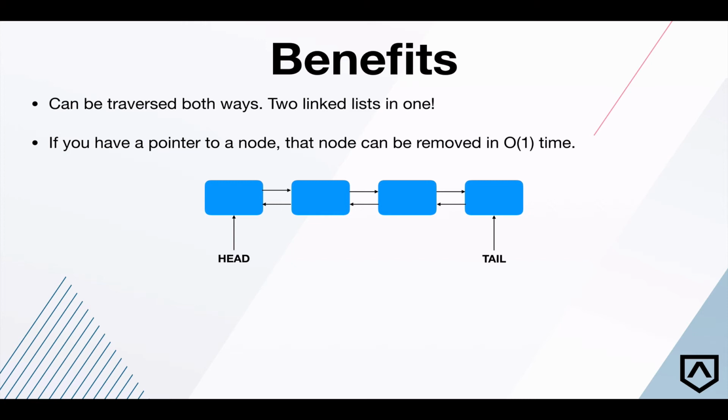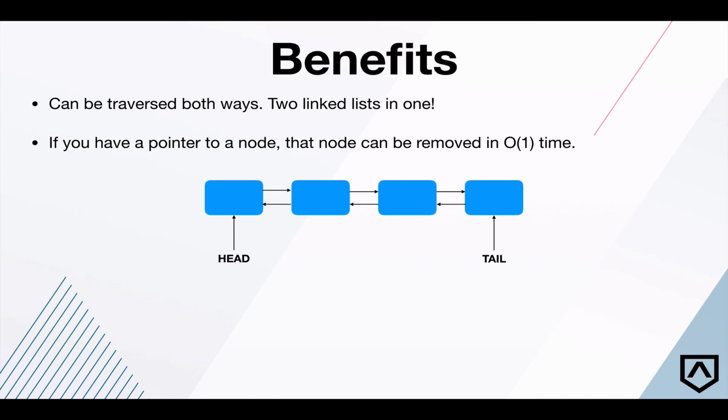And once we have pointers to the previous and next nodes, cutting that victim node out of the middle is as simple as changing some pointers around. So removing a node from a doubly linked list is an order 1 operation once you have a pointer to that node. Of course, getting a pointer to that node might be a longer operation. If you have to search through the list to find it, that's still order n. But if you have a different way of keeping pointers to those nodes, then maybe you can do it in faster time.